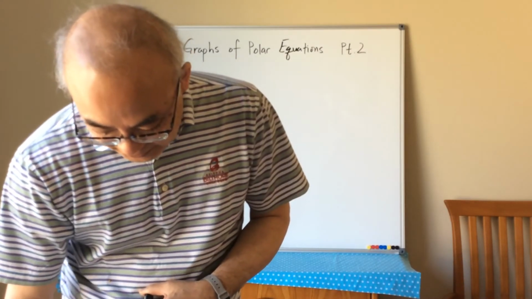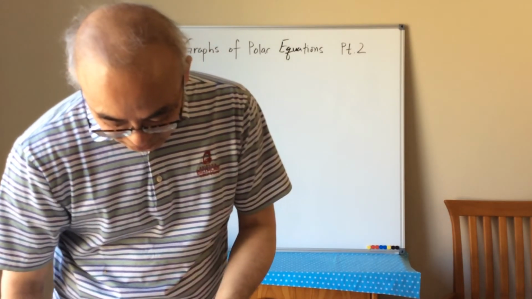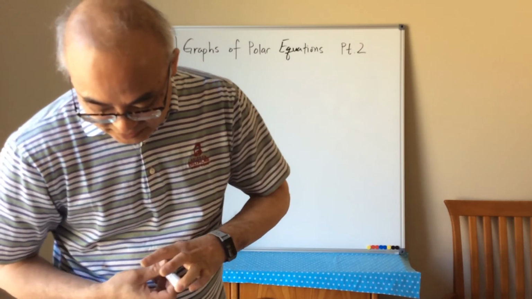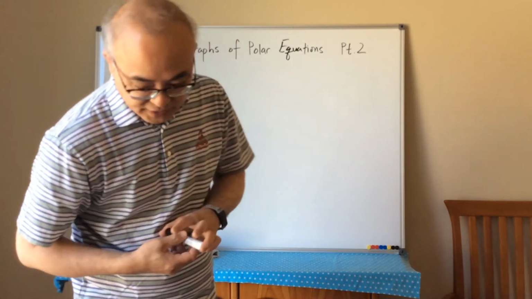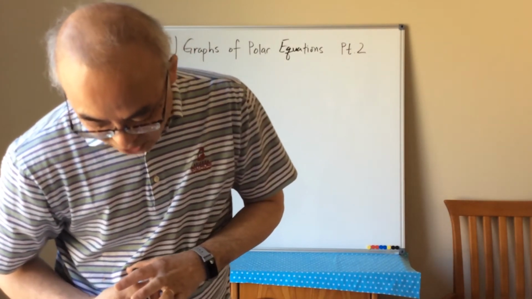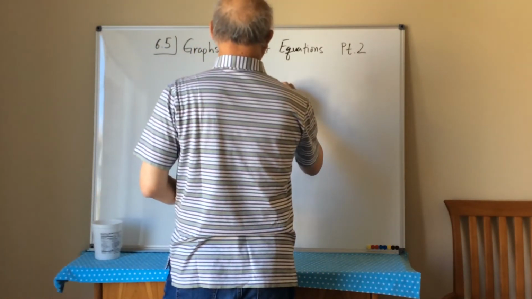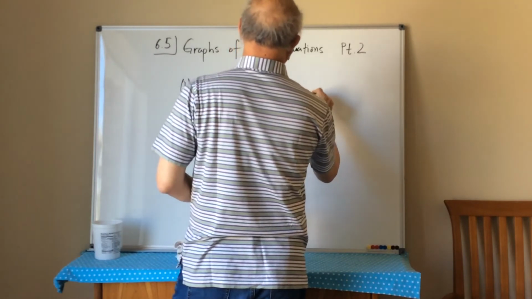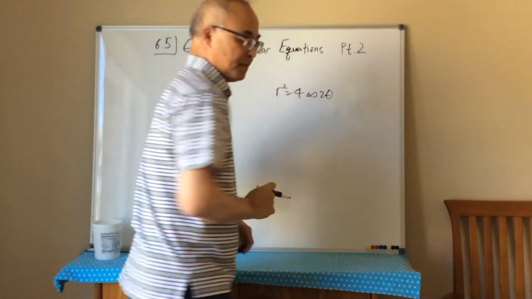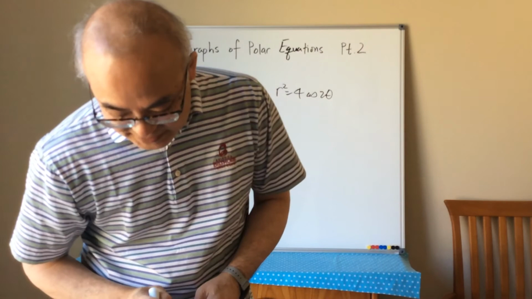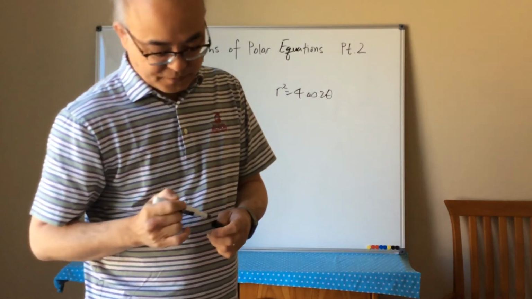And then on example number 8, you get the lemniscate curve. That's when you do r squared equals 4 cosine 2 theta. If you graph that, you get the lemniscate curve.